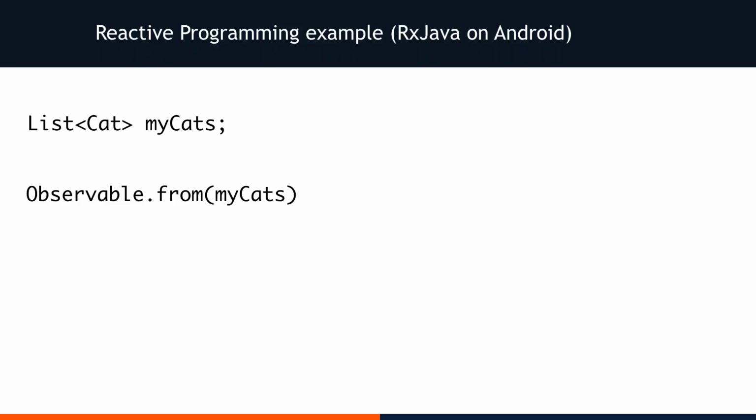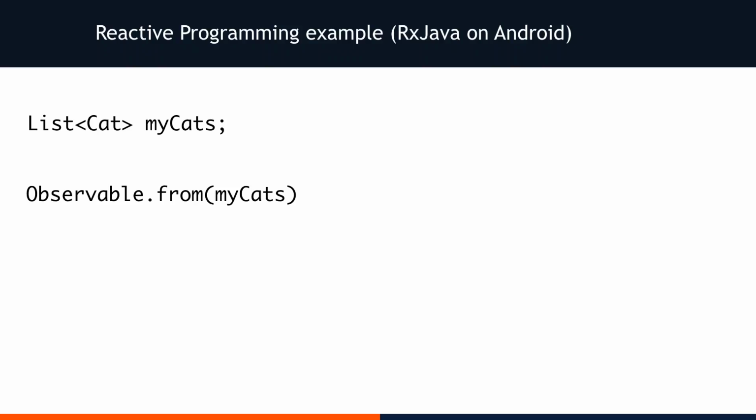Then the Observable class in the RxJava library has this static method called from that takes a list as an input and will basically output the list items one by one. So from those cats, a list of cats, we will generate a stream of cats, a stream of data. Each item will be put into the stream sequentially, one by one.